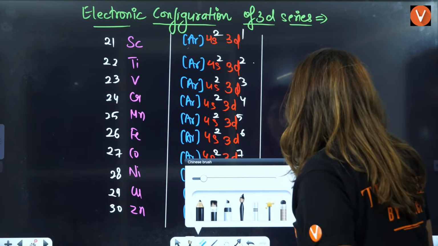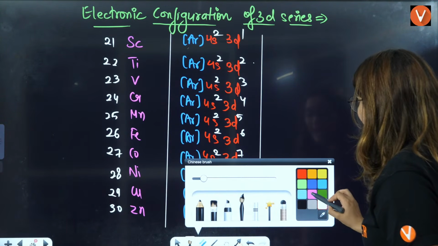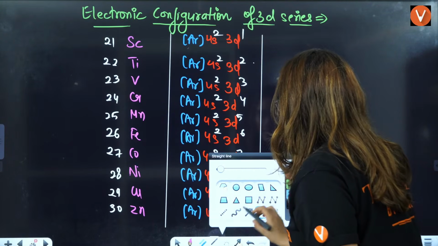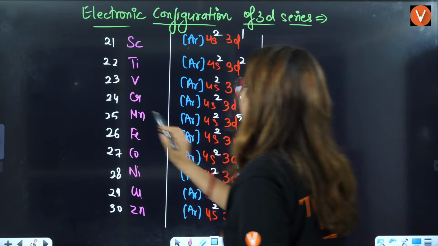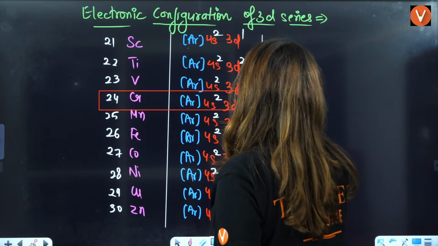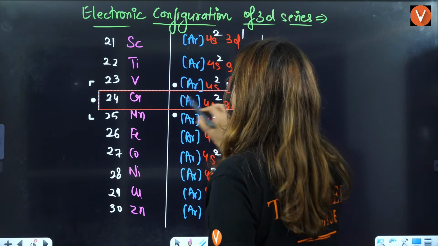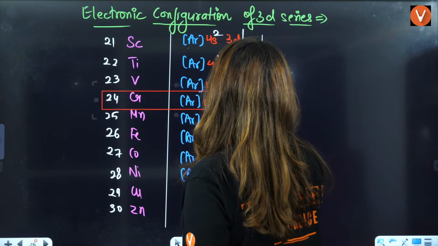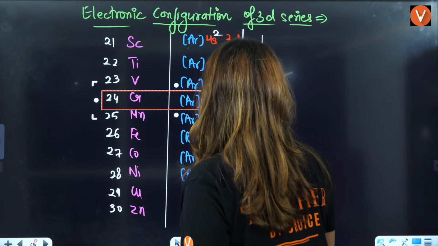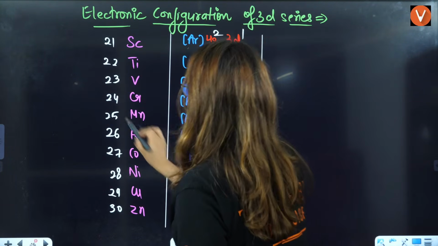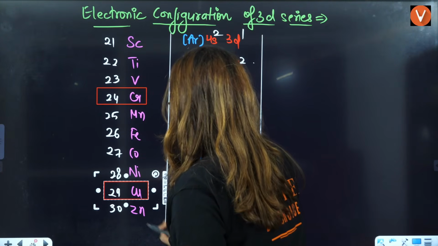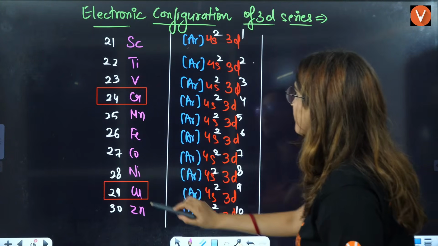Right? Now, there are exceptions as well. 2 exceptions. These exceptions are over here. That is chromium, right? You can see this here. Chromium is the exception and copper is the exception. So what is the exception, everybody?